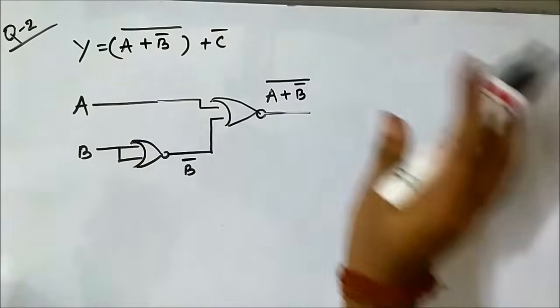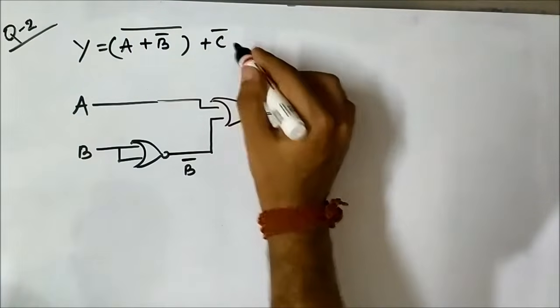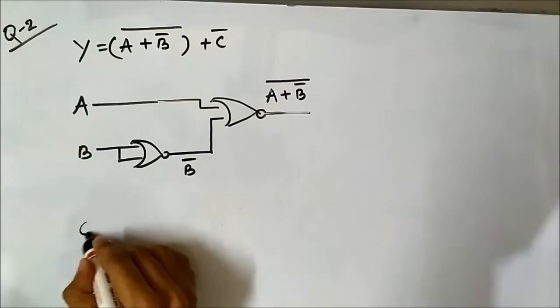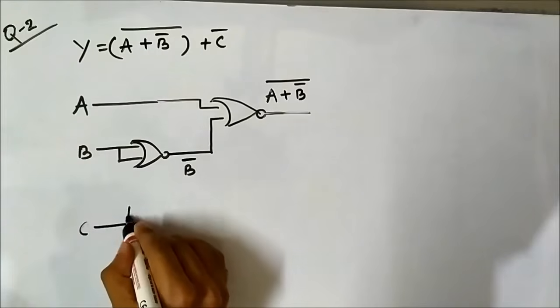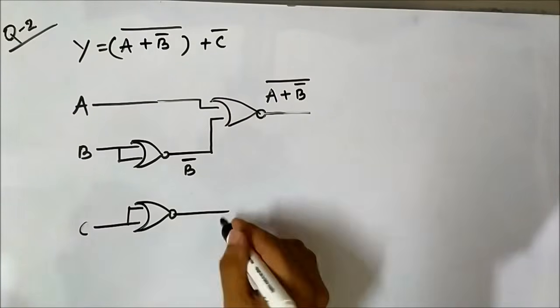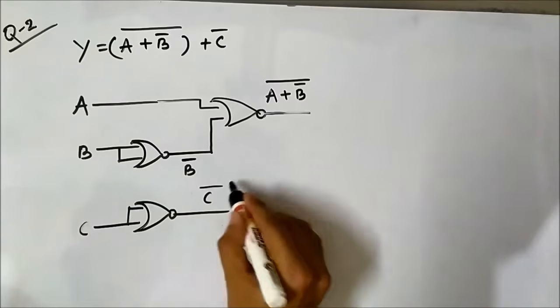We have got this. Now we have to get C complement. So we'll pass the signal through a NOR gate, we'll get C complement.